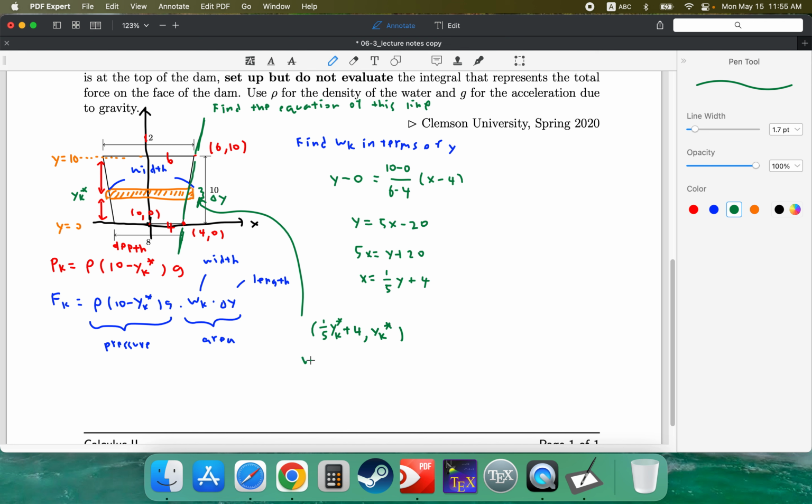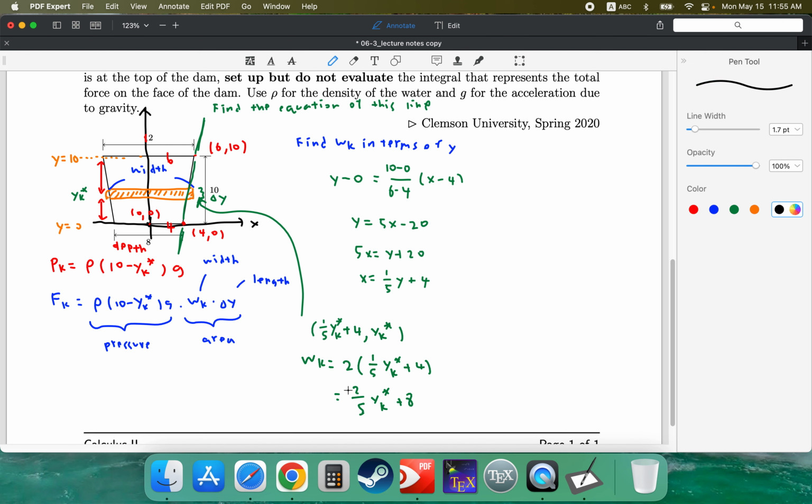So we can write down wk is 2 times (1/5 yk star plus 4). Does that make sense? So that will be 2/5 yk star plus 8. That will be my wk.